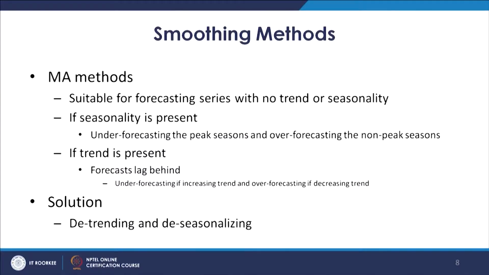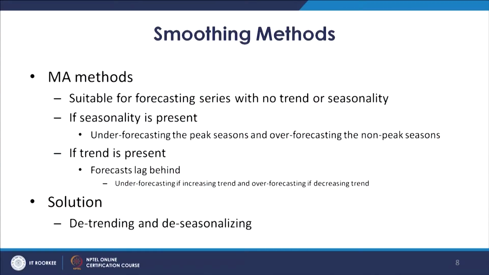If trend or seasonality are present, then because of the averaging that is happening, there is going to be under forecasting for peak season and over forecasting for non peak season. Therefore, for time series where seasonality is present, these methods might not work as well in comparison to other techniques. Similarly, if trend is present, then also.